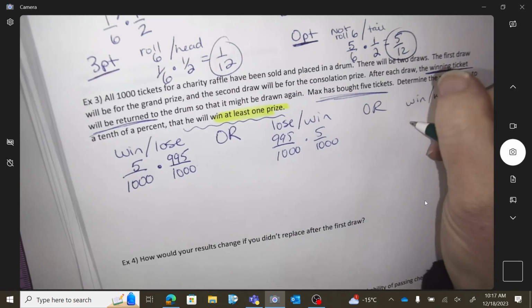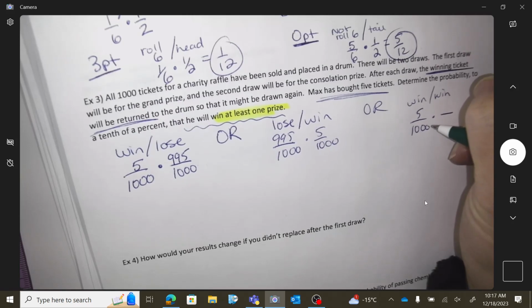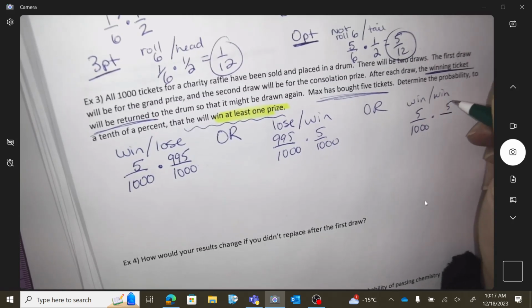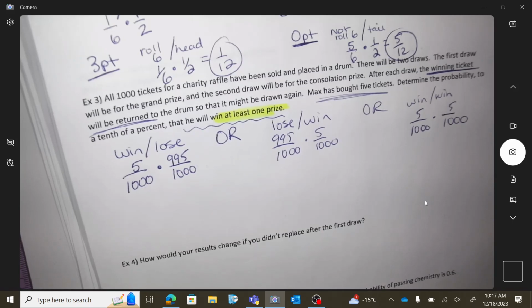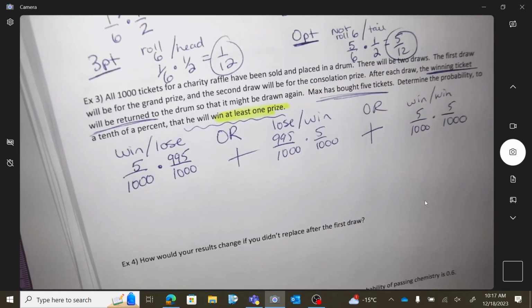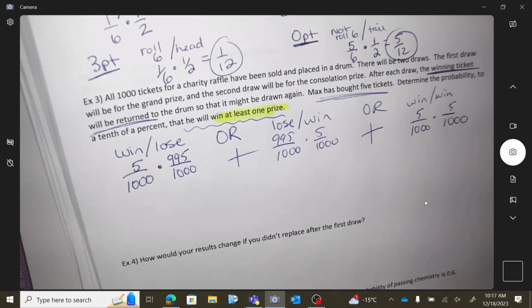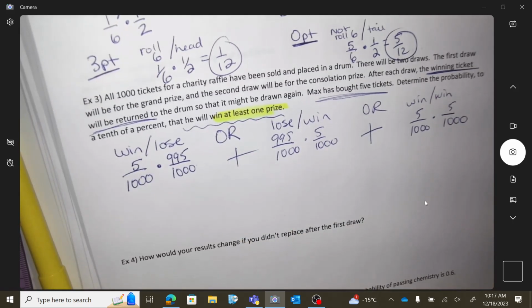So if you win and you win, okay, these are all separate scenarios. So what are we doing? We're adding them together. Okay, and it's looking like a small number because it says to round to 0.1%.